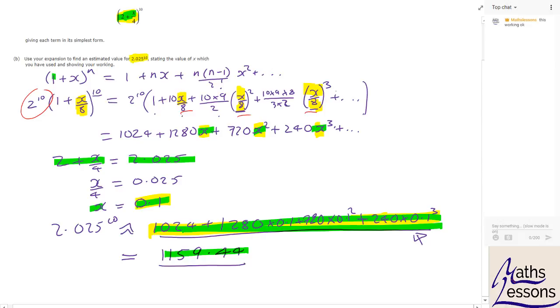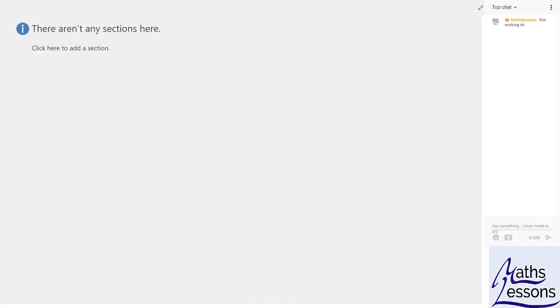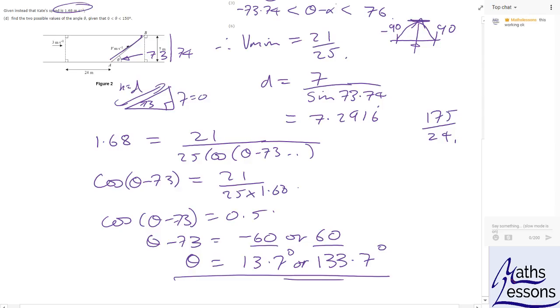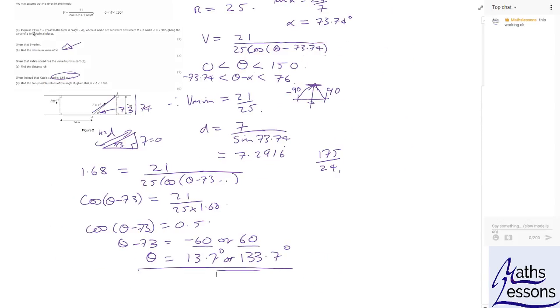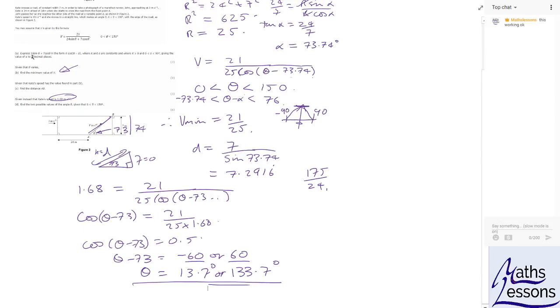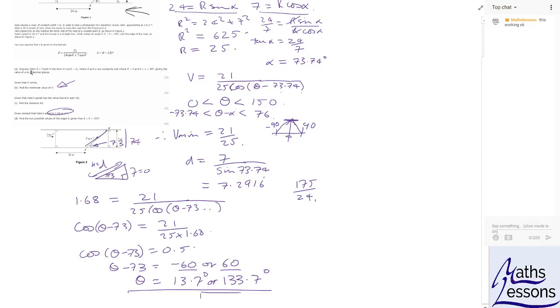Now, just before I sign off, I'm going to go back to a question earlier which I left, this one, and talk a little bit more about it. This is from the famous C3 paper, where I think 70% of the marks gave you 100 UMS for this paper.